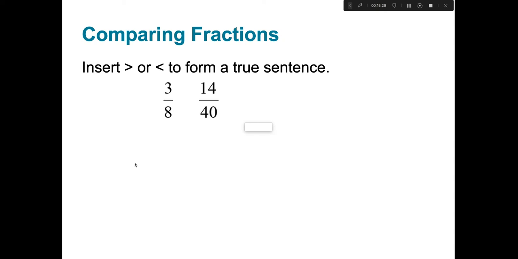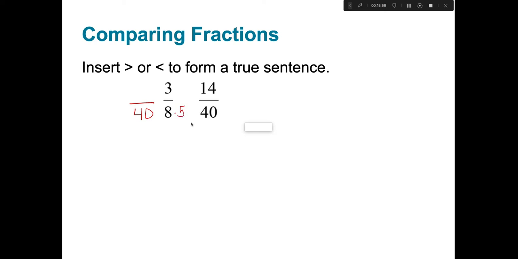You're thinking right, but my common denominator is not going to be 5, but I'm going to multiply my first fraction by 5 to make my common denominator a 40. Right? So we're going to multiply that times 5.